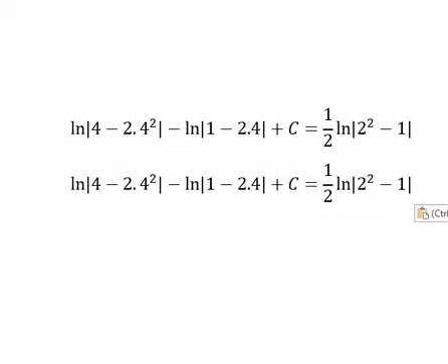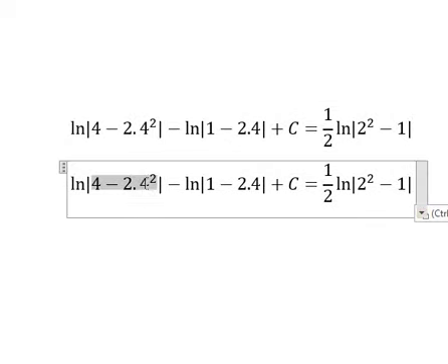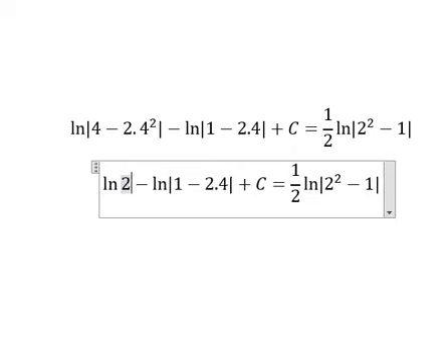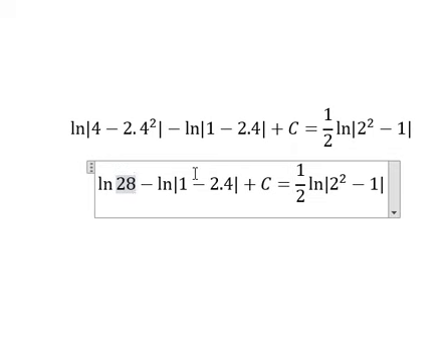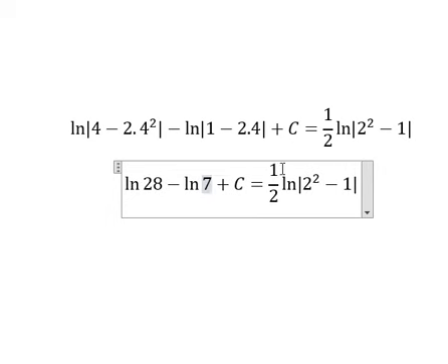About this one, we have 28. About this one, we have number 7. About this one, we have number 3.